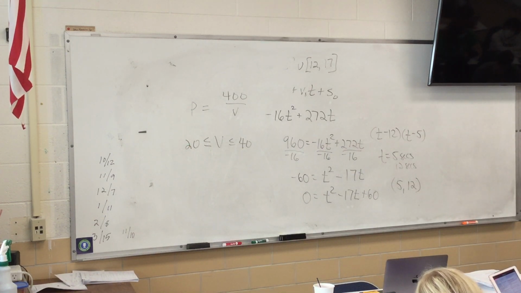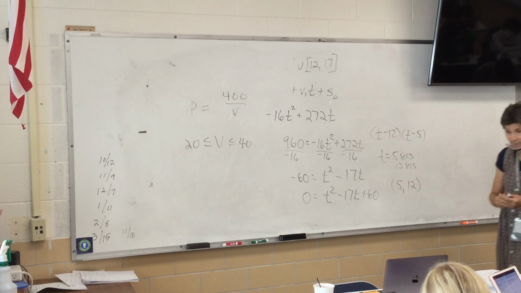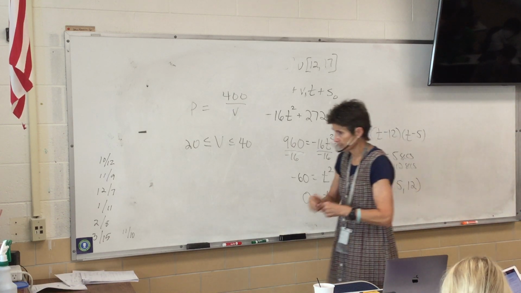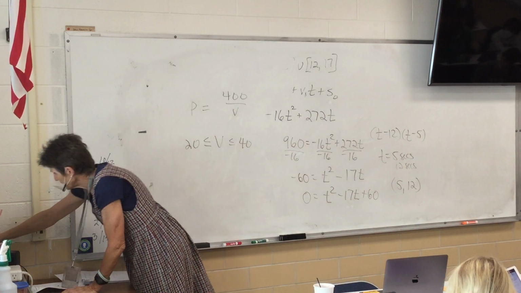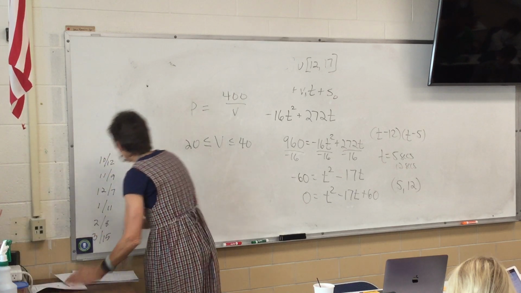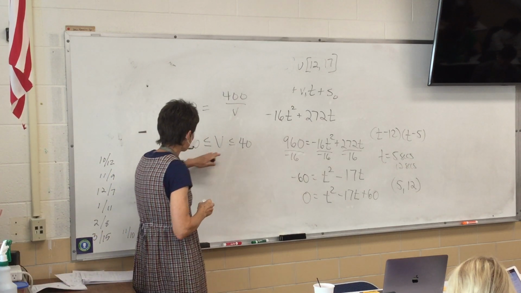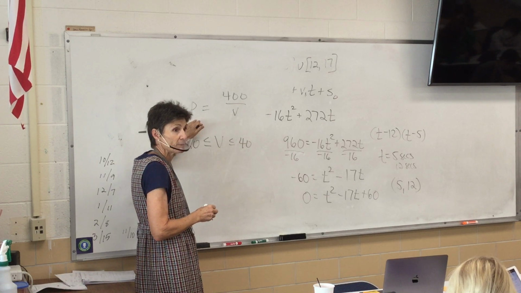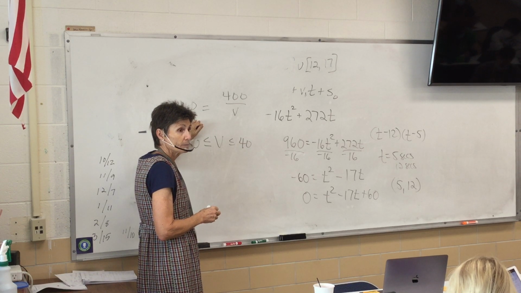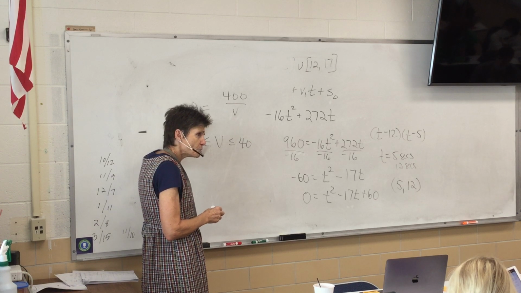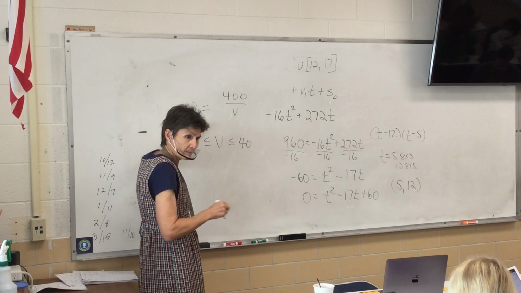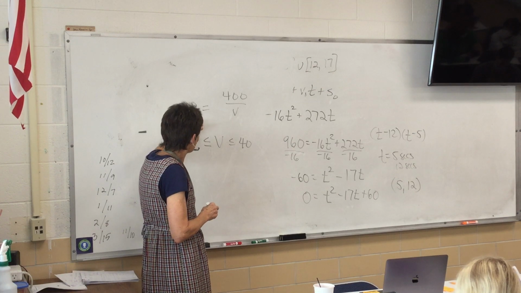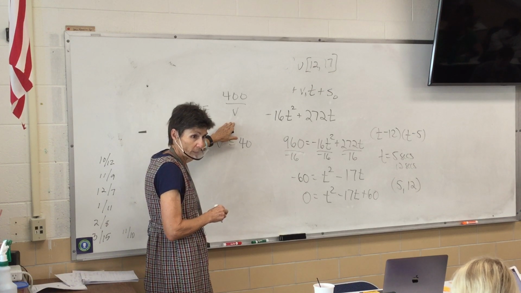Well, this isn't hard. It maybe looks hard, it looks a little confusing, but it isn't. They're telling me that V has to be between 20 and 40. Can you tell me what's going to happen to P then? Oh, come on, you can do this. It's easy. Would you do 400 divided by 20? We're just going to plug 20 in here.